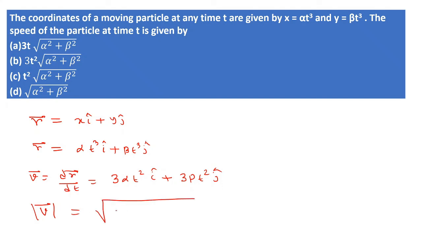That will be the square root of (3 alpha t square) whole square plus (3 beta t square) whole square. So it will be 3t square into the square root of alpha square plus beta square. So which option is correct? Option B is correct here. Okay guys.